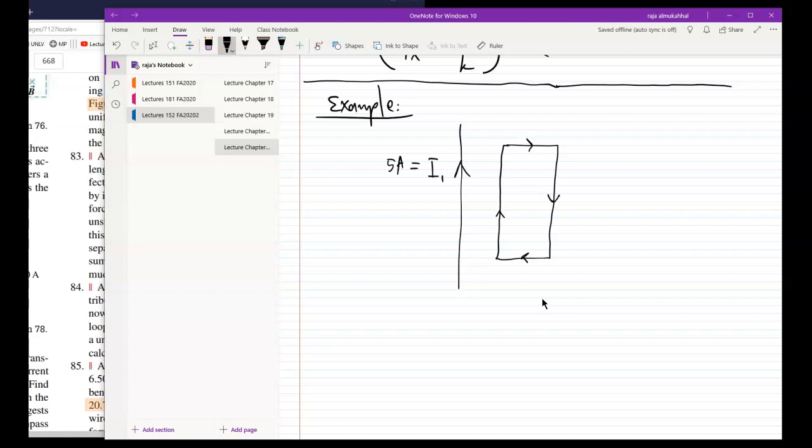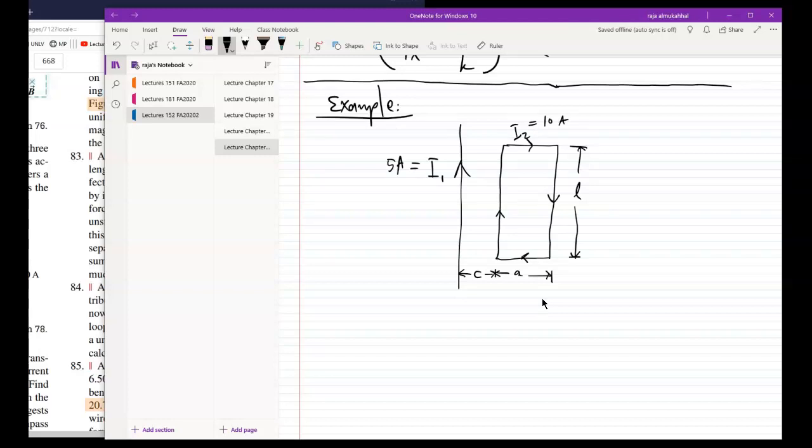And I assume that the distance from this wire to the left side of the loop is C, and the width of it here is A, and I'm going to give you those numbers. Let's assume the length of the rectangular loop is L, and it has a current, we're going to call it I2, equal to 10 amp.